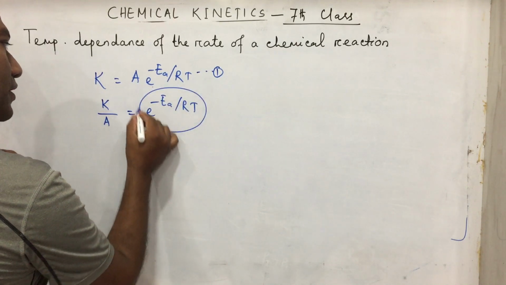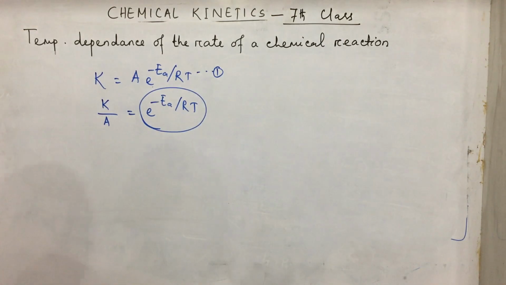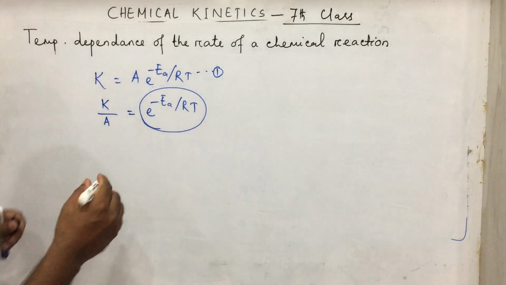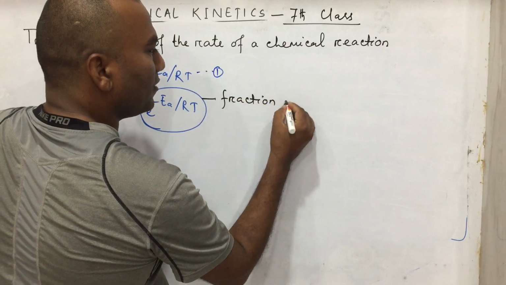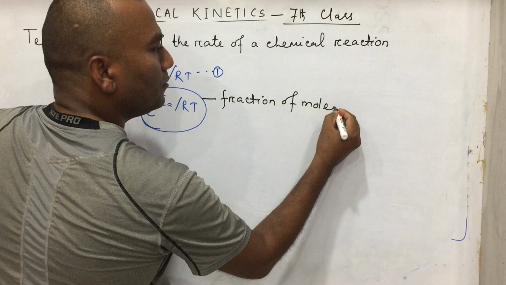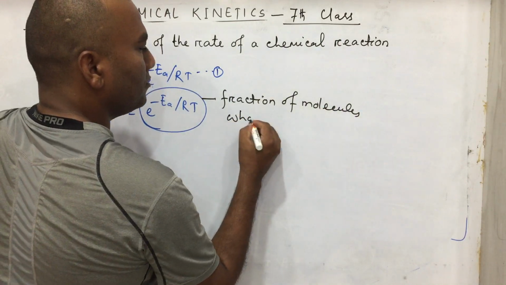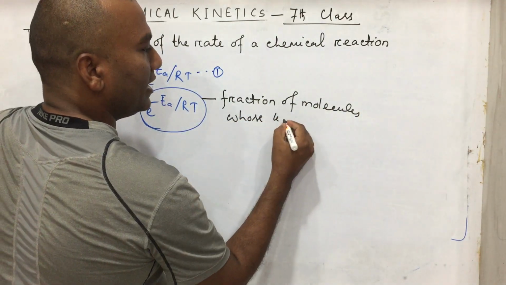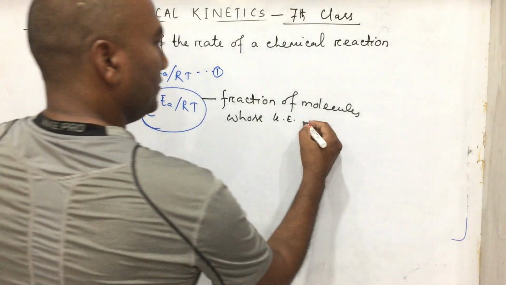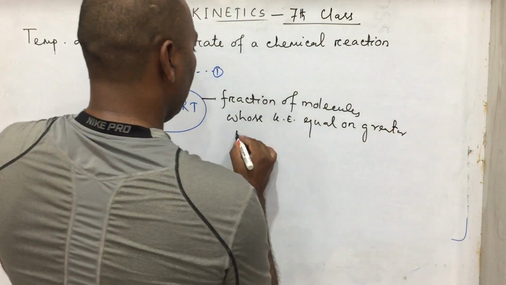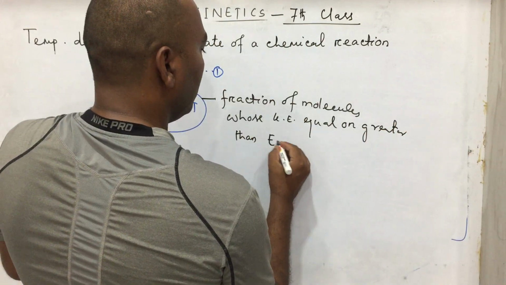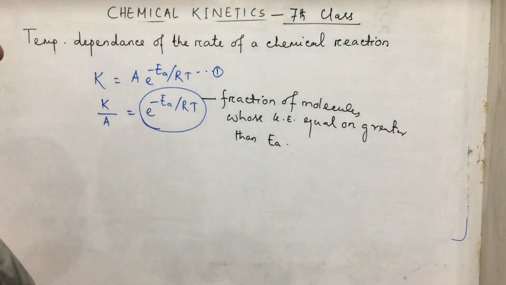This term, e to the power minus Ea by RT, what is its name? This is called the fraction of molecules whose kinetic energy is equal to or greater than activation energy. Fraction of molecules whose kinetic energy is equal to or greater than activation energy.